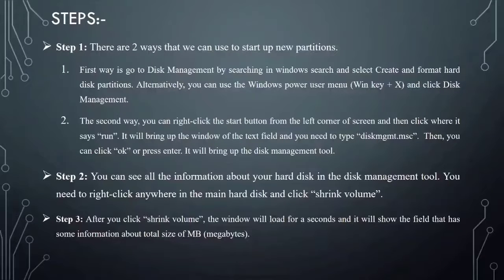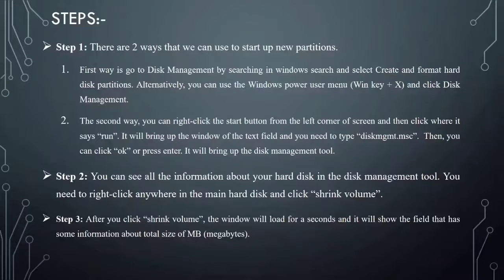The first way is to go to disk management by searching in the Windows search box and selecting create and format hard disk partitions. Alternatively, you can use the Windows power user menu, which is Windows key plus X, and click disk management.